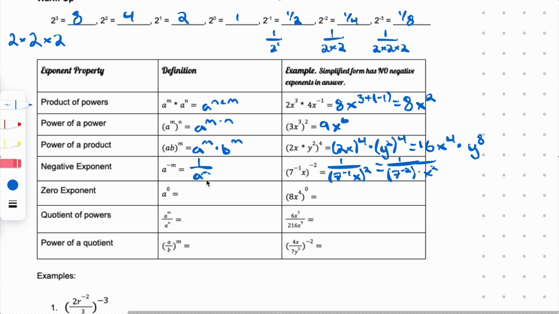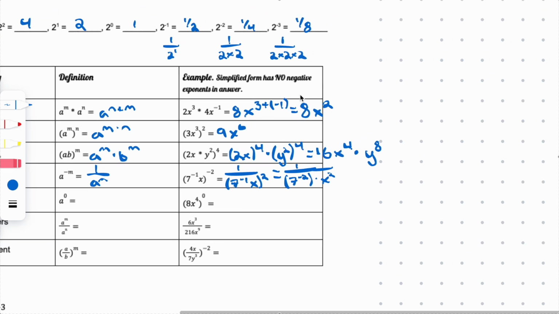And conversely, when we have this property, a to the negative m power is equivalent to 1 over a to the m, I could also say 1 over a to the negative mth power equals a to the mth power.